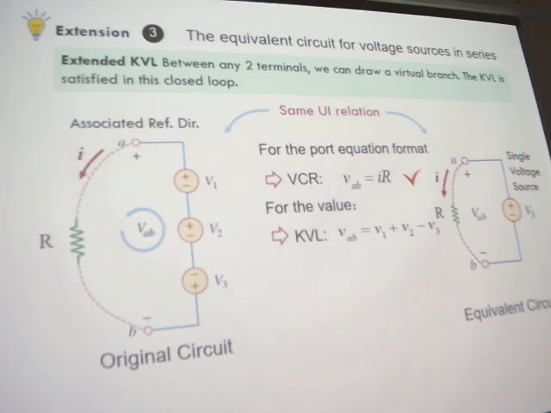If we choose the same reference point, the potential cannot be changed. So VAB is actually the potential difference. Okay, that means for this node A and this node B, the potential difference cannot be changed.